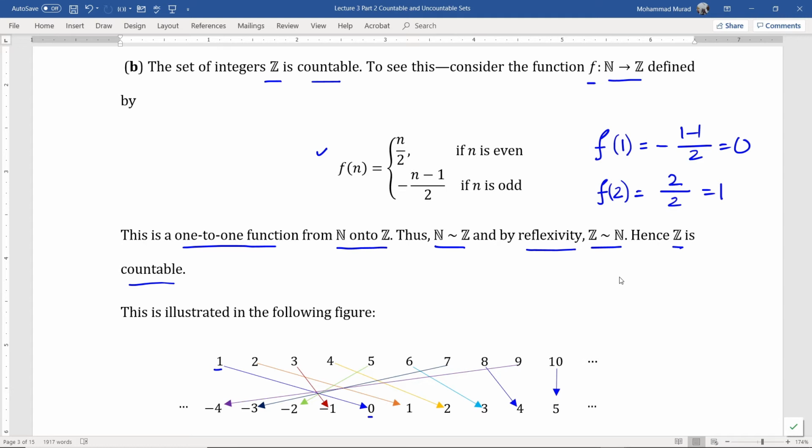Every natural number gets mapped to some element in the set of integers, and every integer in the set Z is an image of some element in the set of natural numbers. So please verify that this map is one-to-one, and this is onto also.